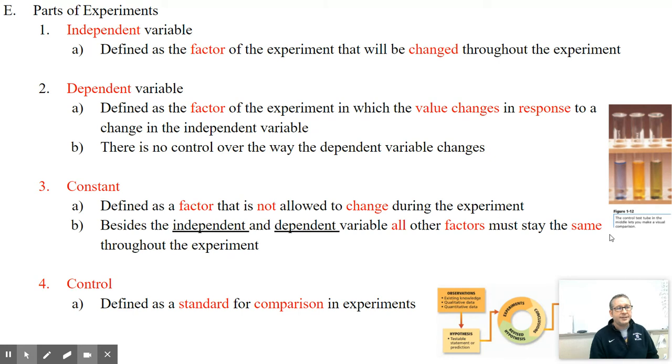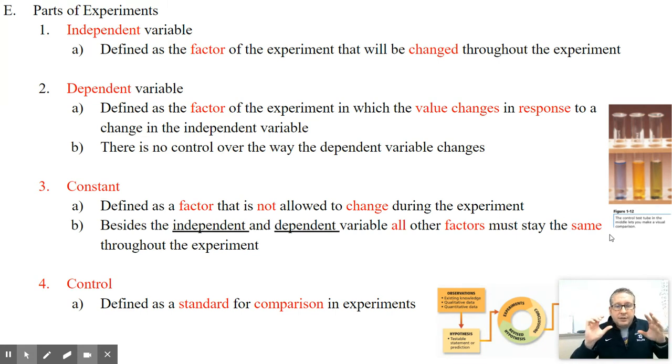You then have your constants. This is a factor that is not allowed to change during the experiment. Besides the independent and dependent variable, all other factors must stay the same throughout the experiment. For instance, going back to the independent variable, if we had to determine how much vaccine was given, we could also determine the potency, the strength of each vaccine.